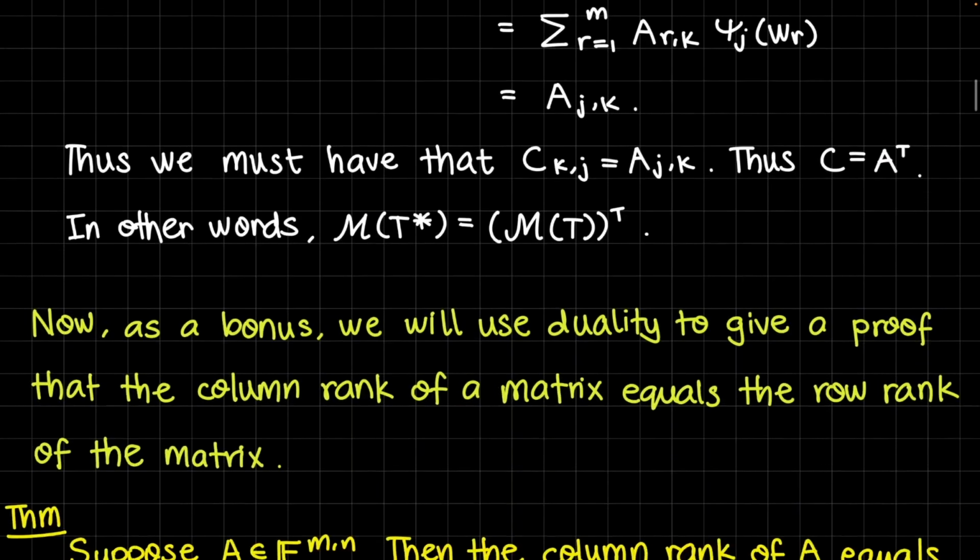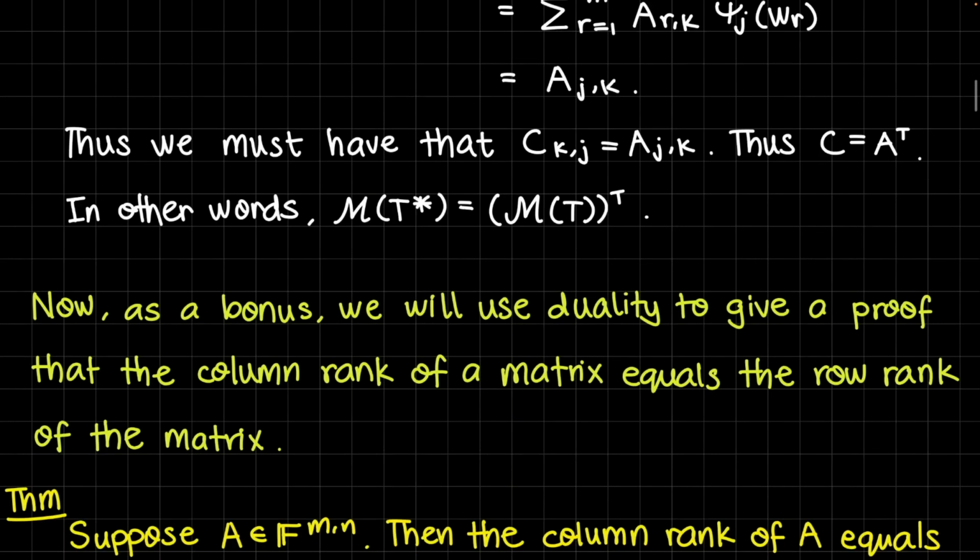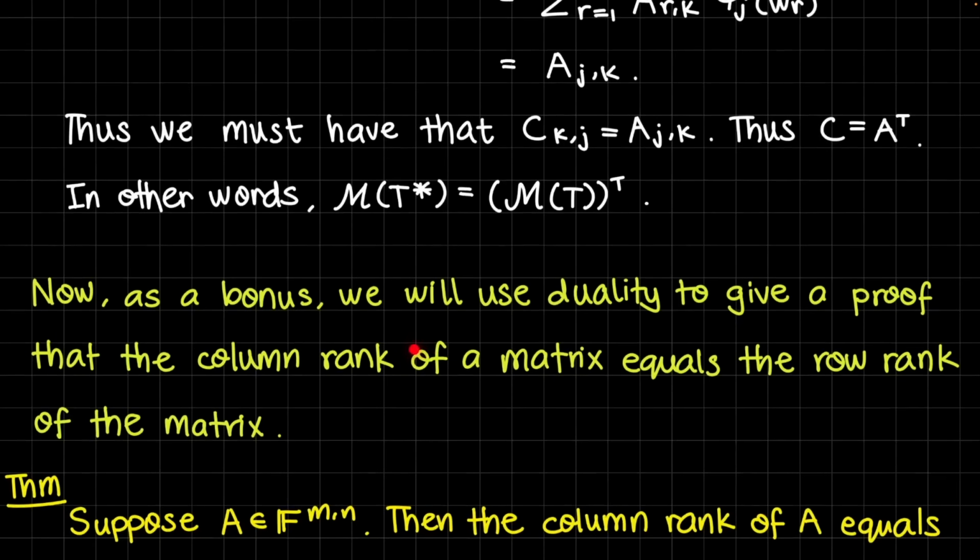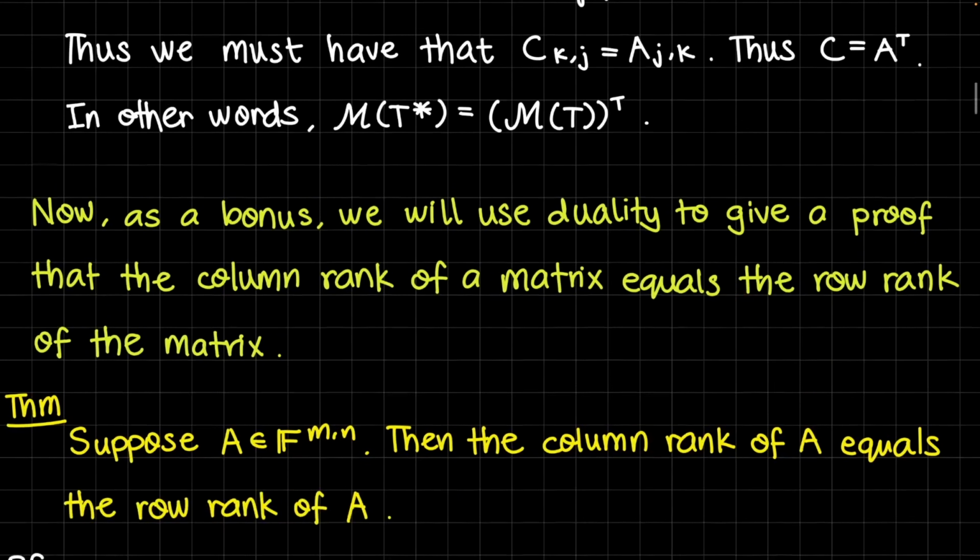All right. And finally, the last result in this short video is a bonus where we will use this notion of duality that we have to give a proof that the column rank of a matrix equals the row rank of that matrix.